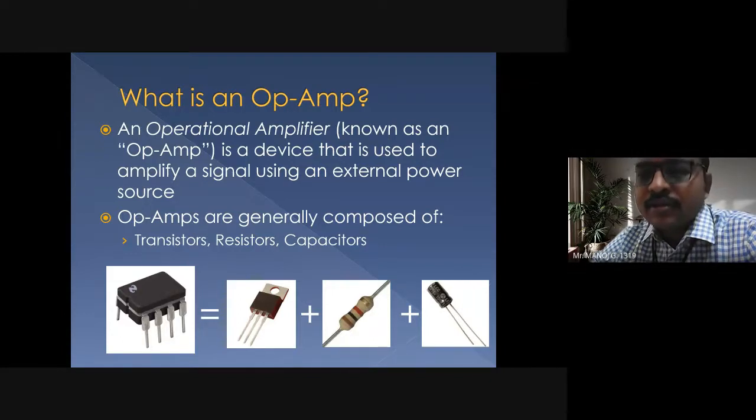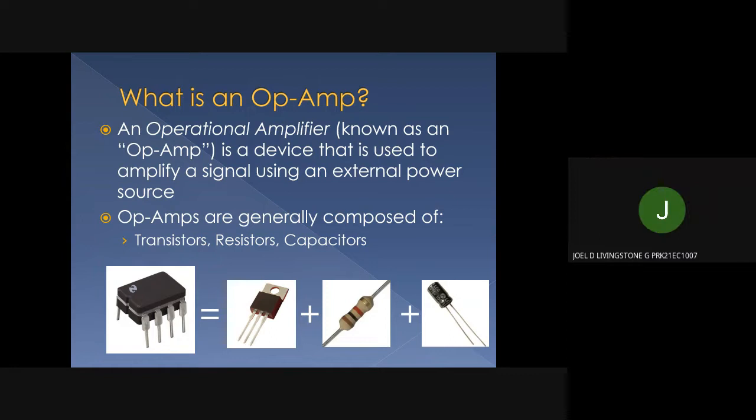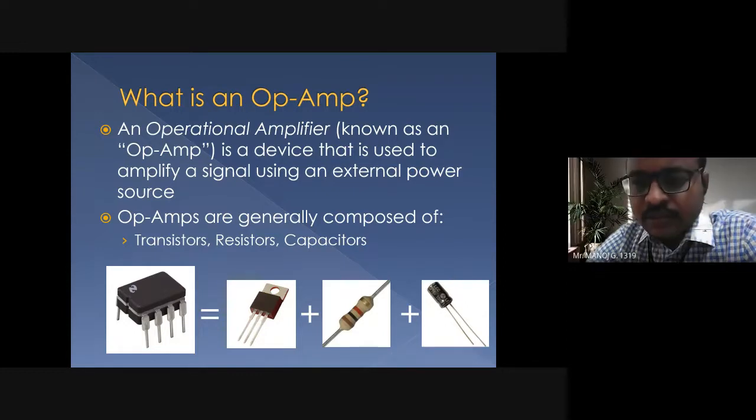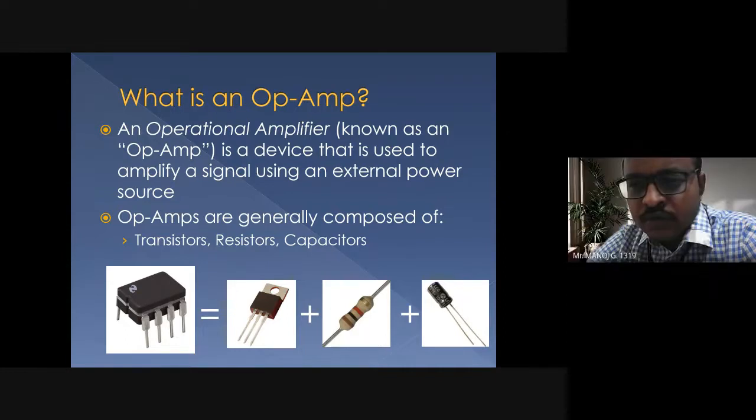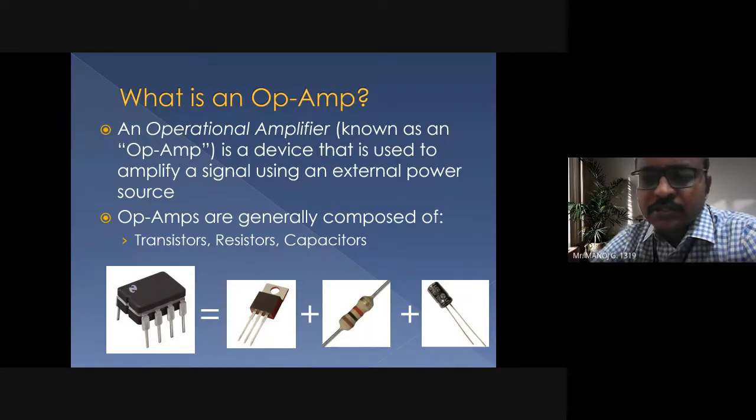Okay. Joel, you said something. Operational amplifier is a differentiator, integrator. It is for a specific application, sir. It is designed for inverting and non-inverting. You said it's a multi-purpose device. Right.